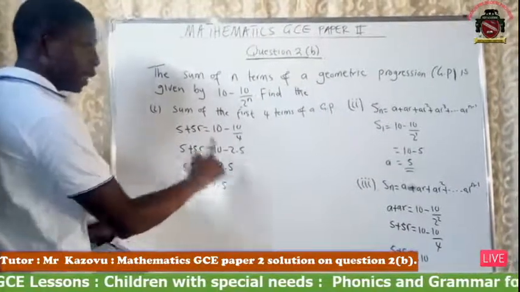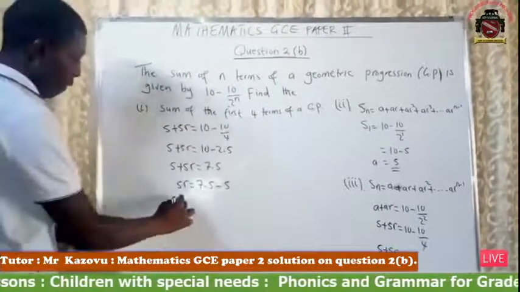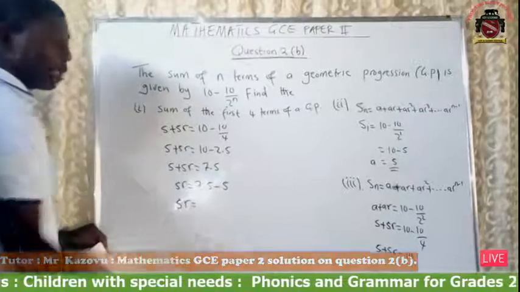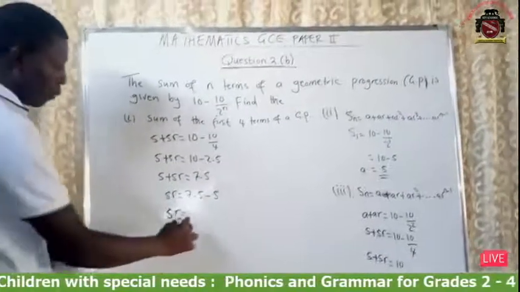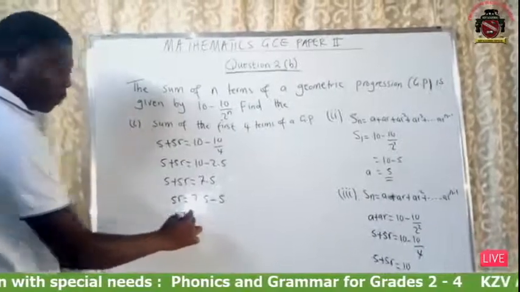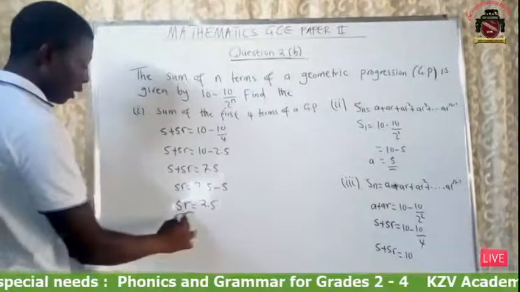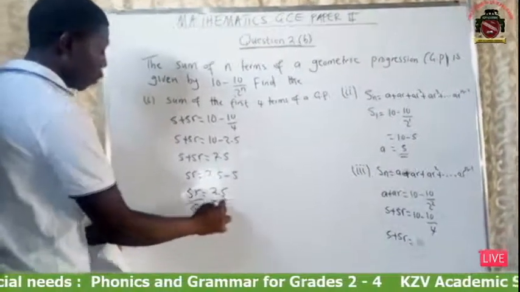When you take 5 to the other side, it becomes negative 5, isn't it? Yes. So we have 5r is equal to 7.5 minus 5. What do we get? 2.5.